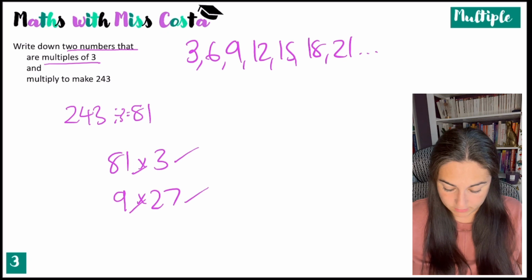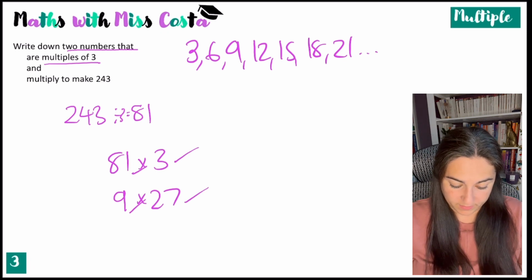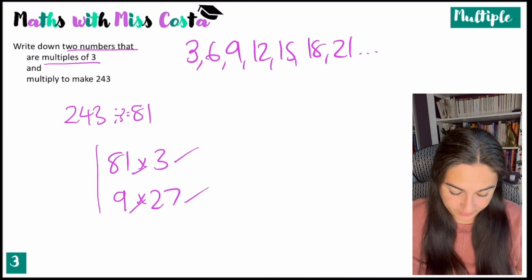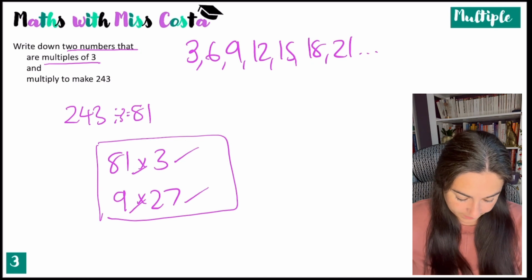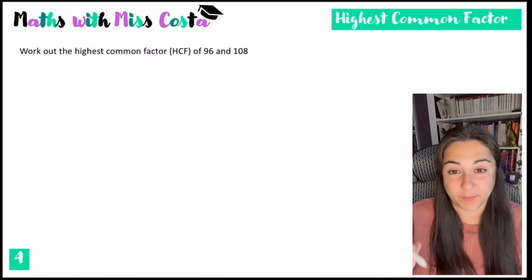Any of these really. Let's try 243 divided by 12. Does that work? Nope, that's not a whole number. 243 divided by 18. Does that work? Nope. Well, some of these numbers are going to work. Okay, so we've got 2 already. You only need to choose one pair. But a multiple is just that number's times table.